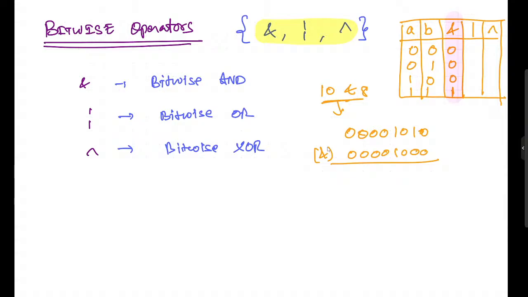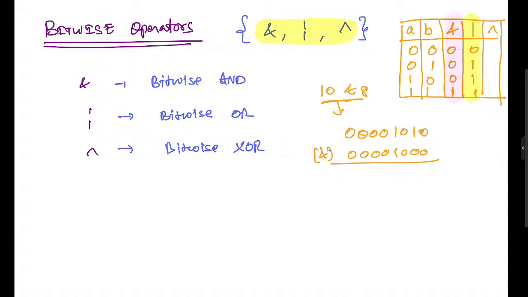In the same way for OR, 00 gives 0, 01 gives 1, 10 gives 1, 11 gives 1. XOR I'll explain later. For now, understand how AND and OR work.